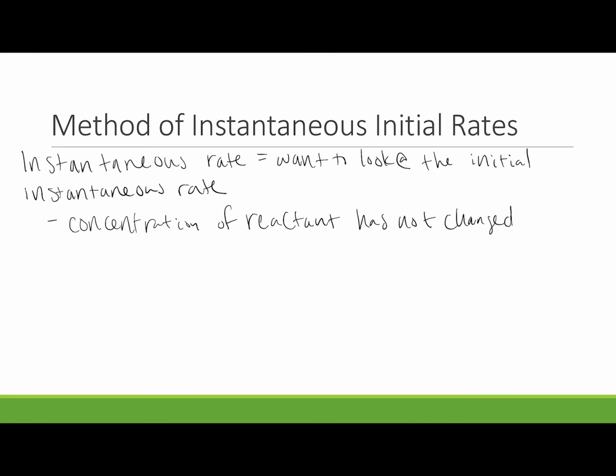With instantaneous rate, we're almost always looking to see how concentration is going to affect our reaction. So using that initial value, where you have the highest concentration and not anything has really occurred, is the best way to determine how concentration is going to affect reaction rate.